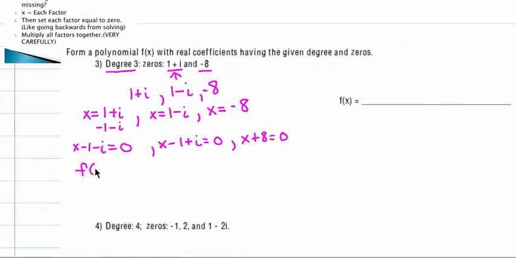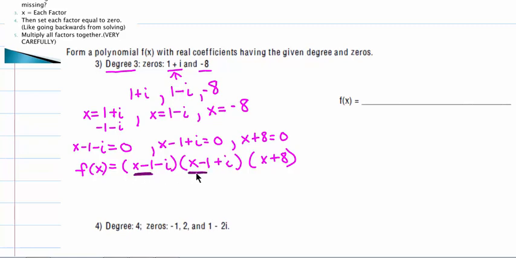So I have f of x is equal to x minus 1 minus i times x minus 1 plus i times x plus 8. When I have these conjugate pairs, I set them up so that I'm really looking at multiplying a difference of squares.